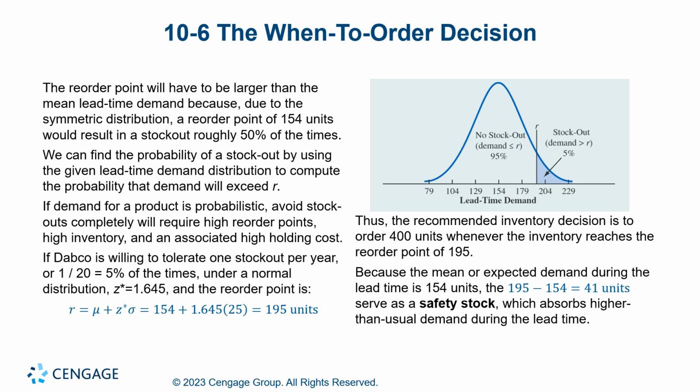Therefore, using a reorder point of 154, which is true for 50% of the time, means that 10 out of 20 orders per year on average will result in a shortage of bulbs before the new supply arrives. This shortage would most likely be viewed as unacceptable.